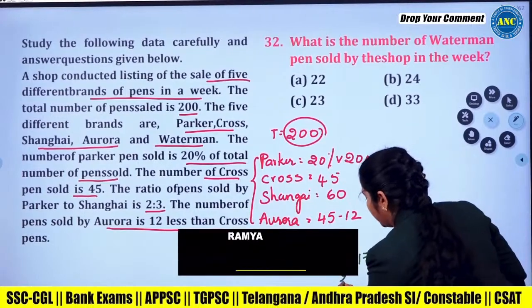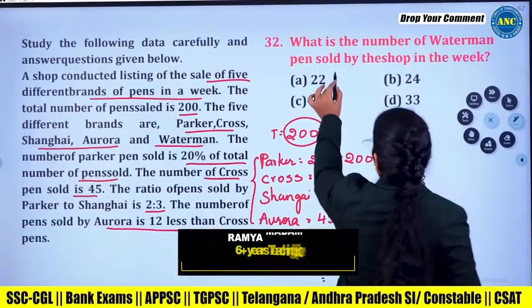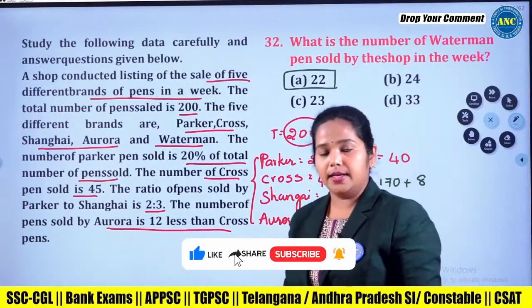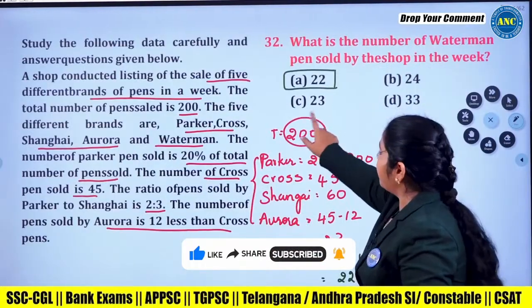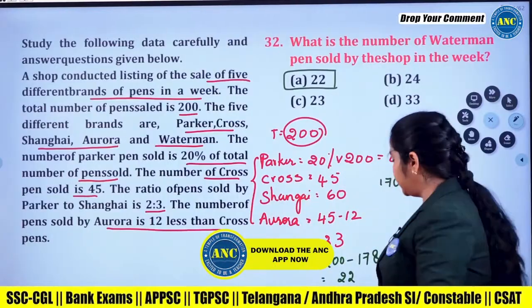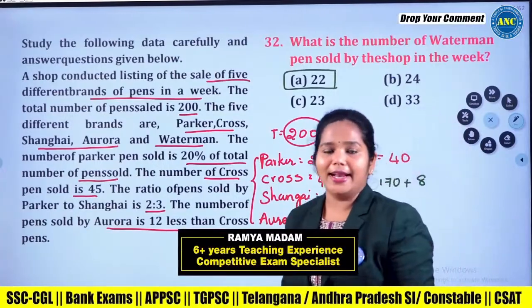So 22 pens are for Waterman. Option A, 22 is the correct answer. What we have done is subtract all the pens from the total so that we get the Waterman pens.